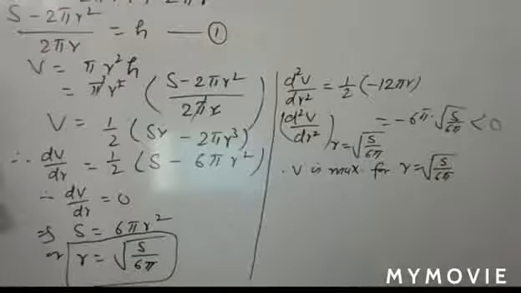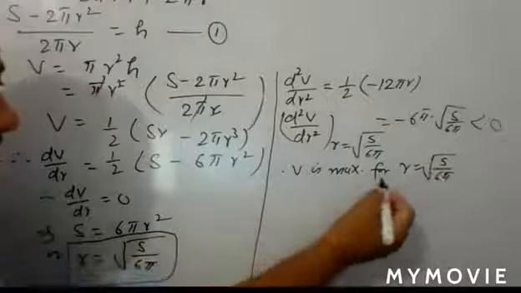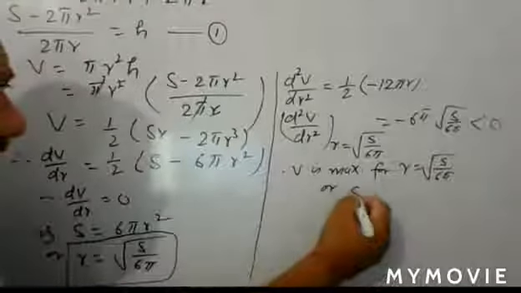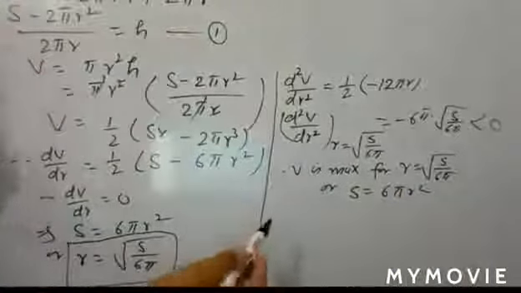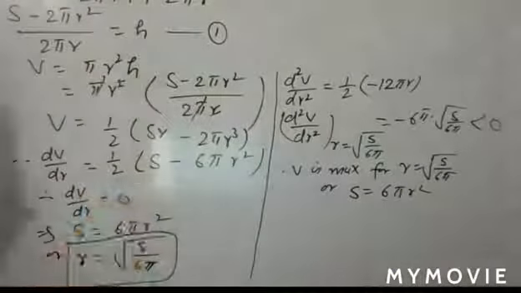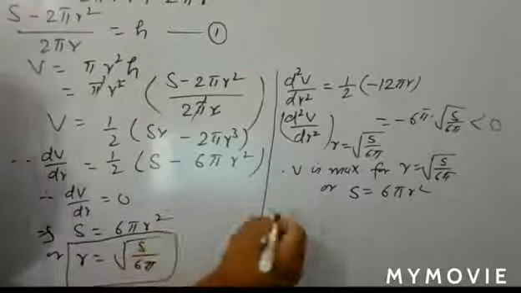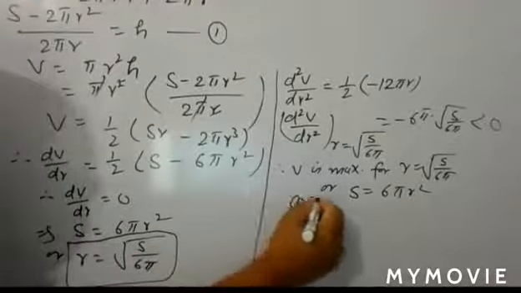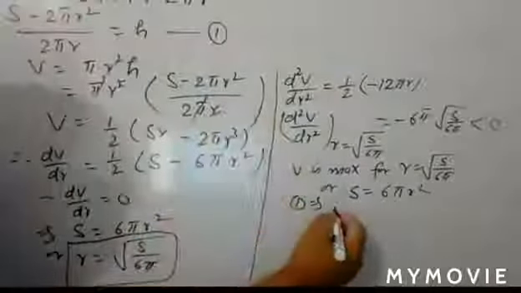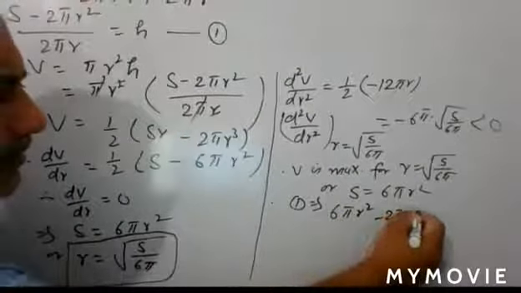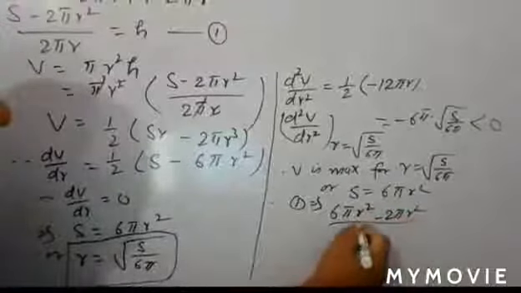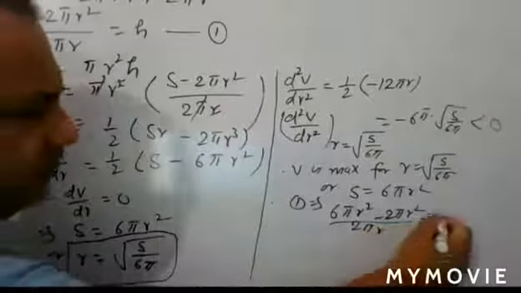Now you have to find the relation between h and r. With the help of that, you can find the value of S: S is equal to 6 pi r square. Now putting that value of S in the first equation, you have 6 pi r square minus 2 pi r square, and the whole divided by 2 pi r is equal to h.